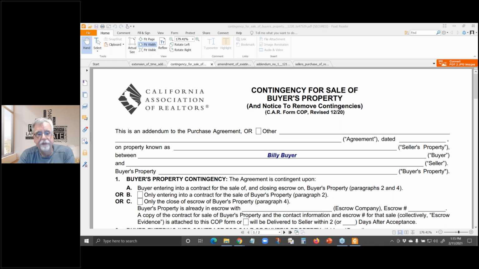Great. And then they said, now we want to buy a property. This happened to be in Santa Rosa. Is it possible for us to buy the property in Santa Rosa, making that purchase contingent upon our selling this property? And I said, yes, absolutely, you can do that too. We got a form for that as well. These are the forms. Now, none of that got written up actually in the listing agreement. I just listed the property.